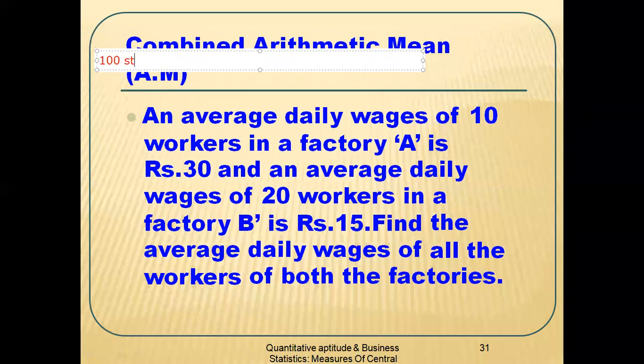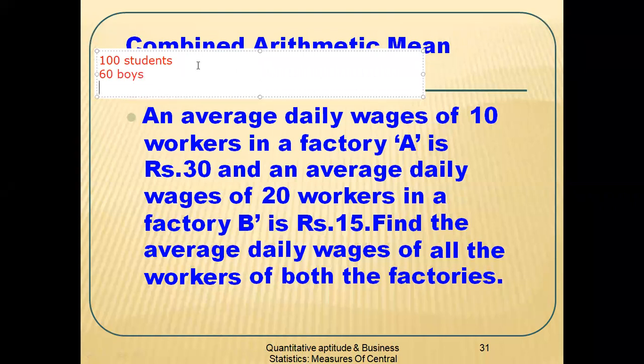Out of those 100 students, 60 are boys. Similarly, if 60 are boys out of 100, the rest will be girls. So out of 100, 60 are boys and 40 are girls.